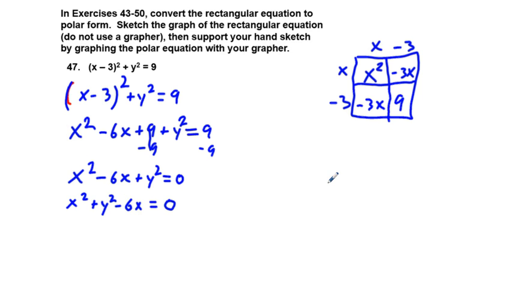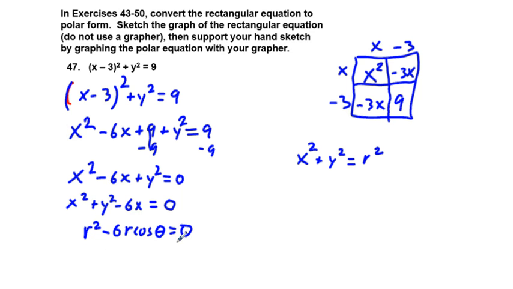Now we can replace. Remember we said x squared plus y squared is equal to r squared. So I'm going to replace this x squared plus y squared with r squared. And this -6x, x is equal to r cosine theta. So I'm going to replace with this -6 r cosine theta is equal to 0.